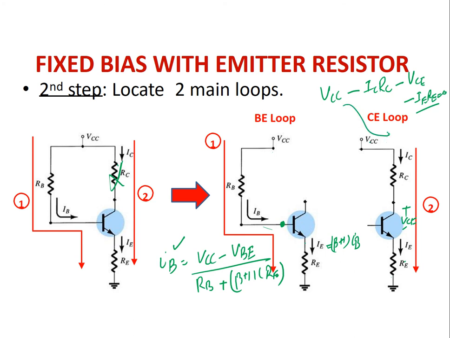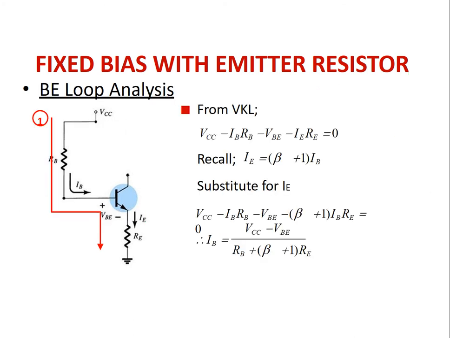That will be the KVL equation for this case. Use them and you can get the rest of the things. This is the KVL for this case, and it gives the same relationship I have told you.